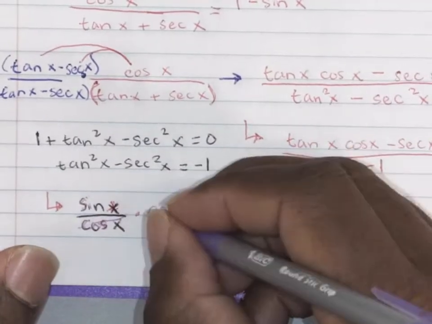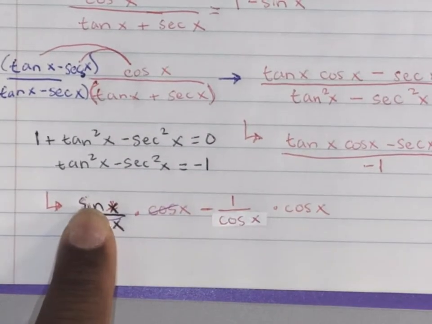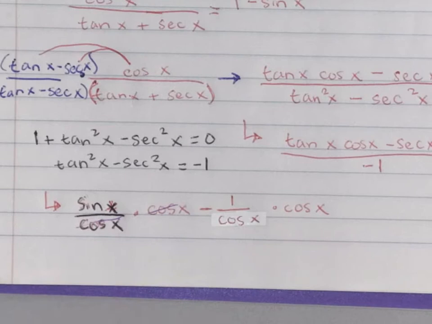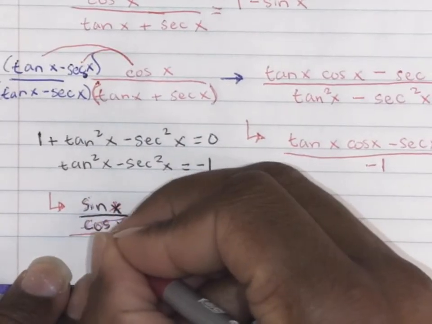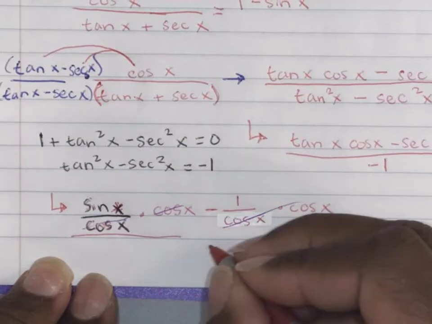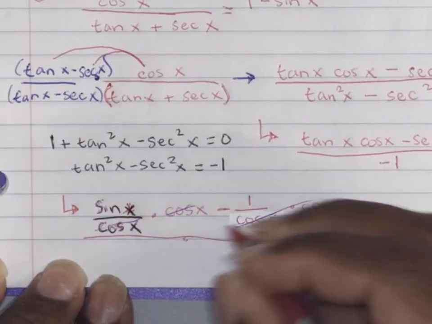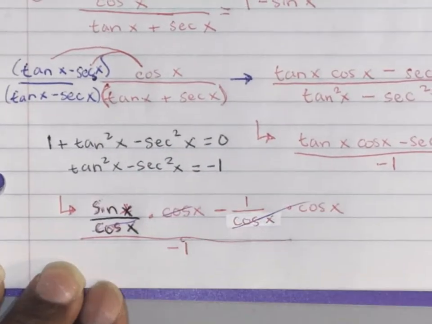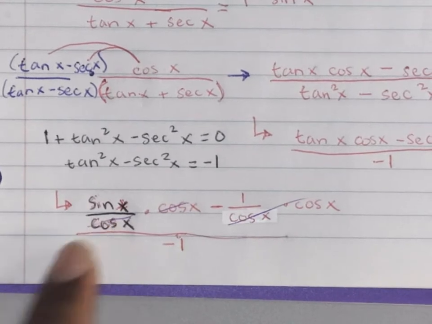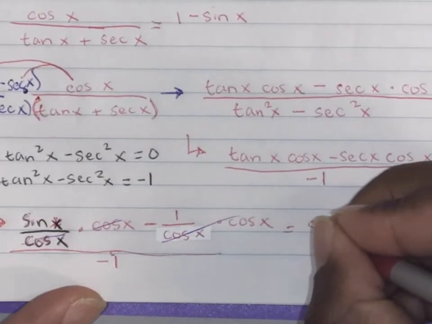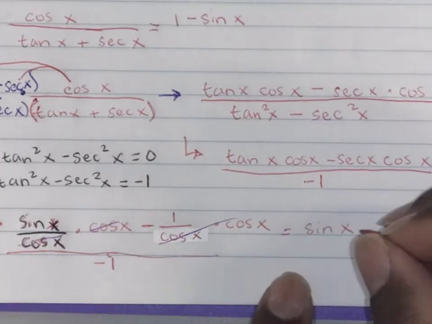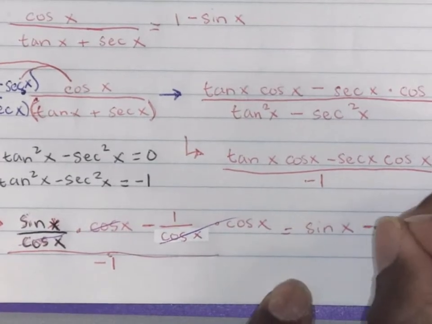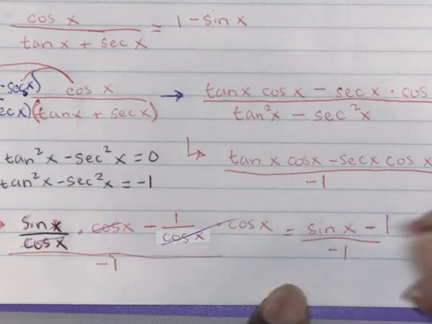Cosines cancel, which will leave me with just sine, and here the cosines cancel as well. And I almost forgot, this is all over -1. So what I'm left with here is just sine. Here I got -1, all over -1.